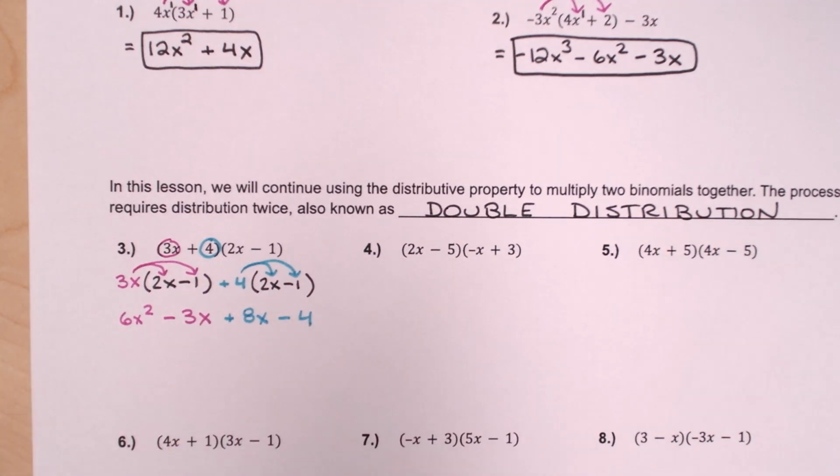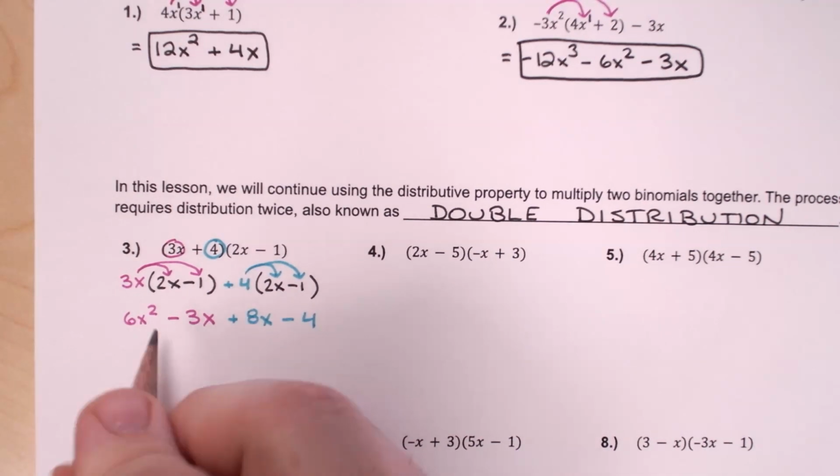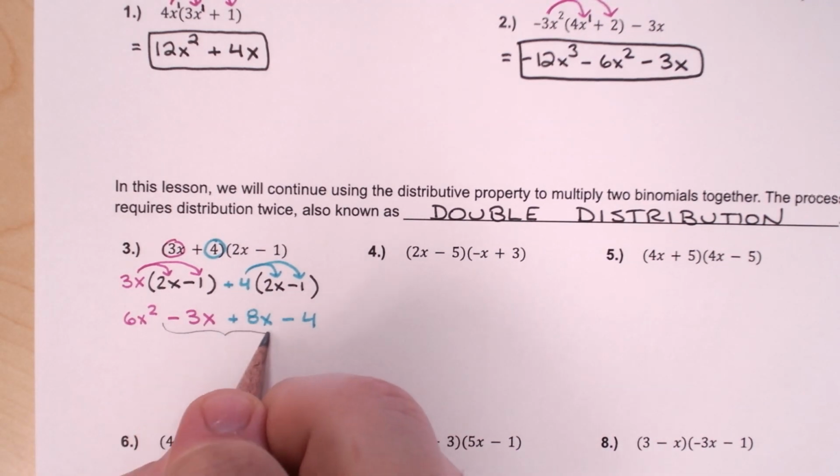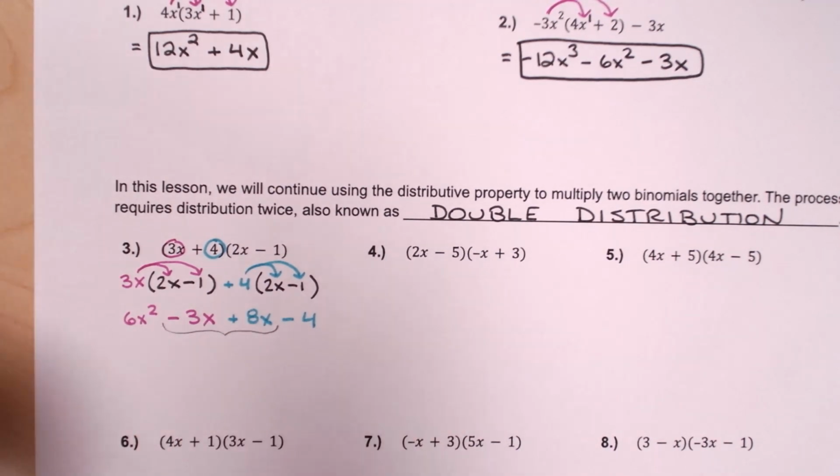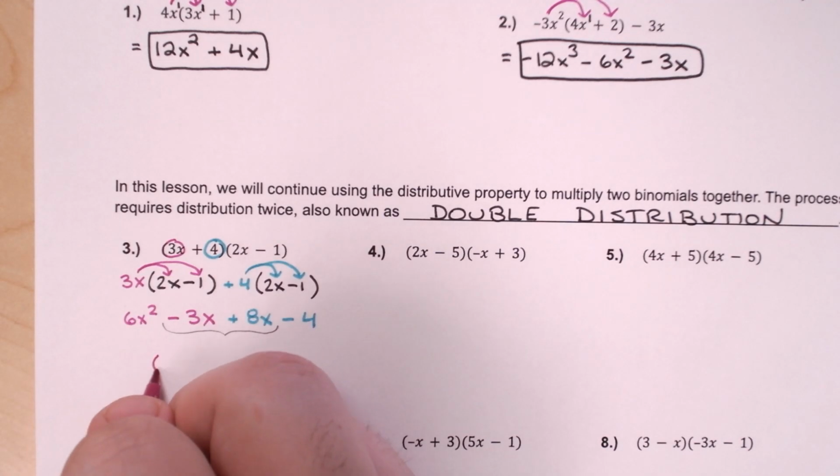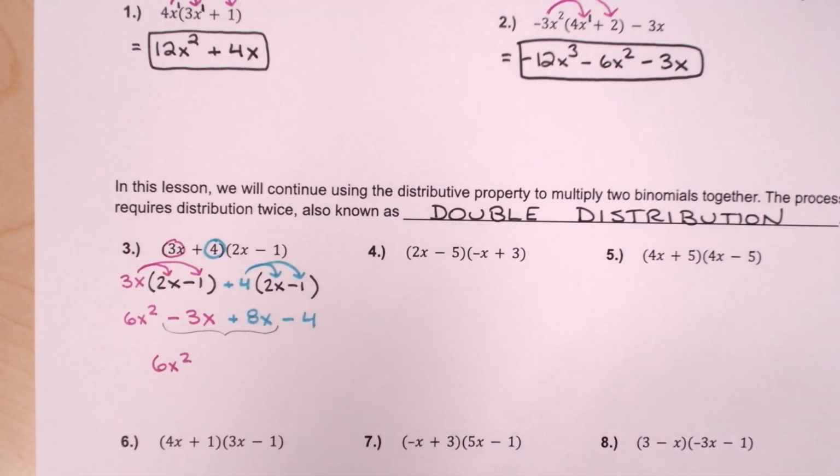And then, most of the time, you're going to end up with a pair of like terms in the middle that can be combined. Negative 3x and positive 8x. Now 6x squared doesn't have anybody to combine with, so you can just bring it on down. Negative 3x and positive 8x are going to add to negative 5x, or excuse me, positive 5x.